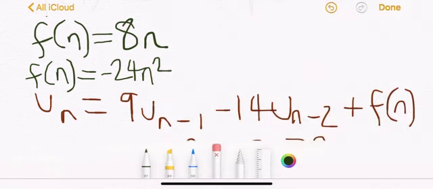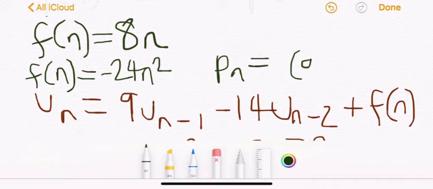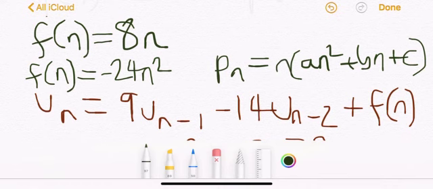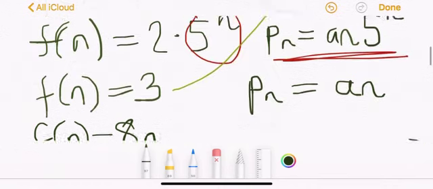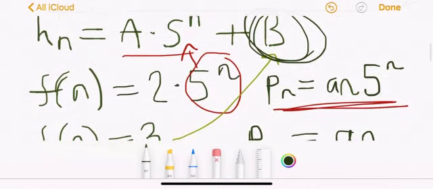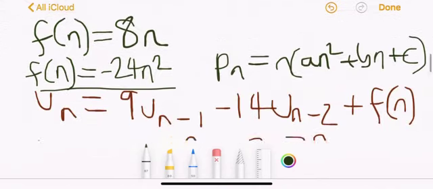Your normal table above would tell you to consider p of n as being an squared plus bn plus c, but we need to multiply that through by n because f of n is polynomial and h of n has a polynomial part.